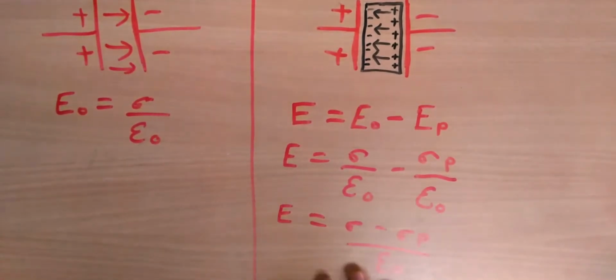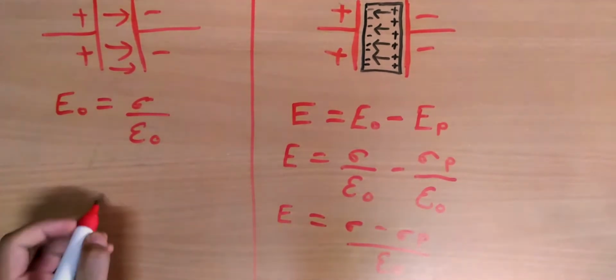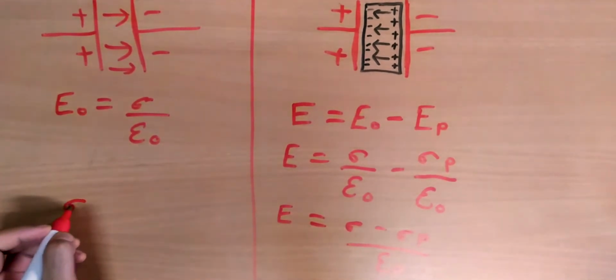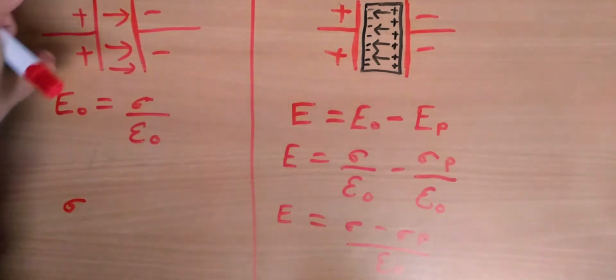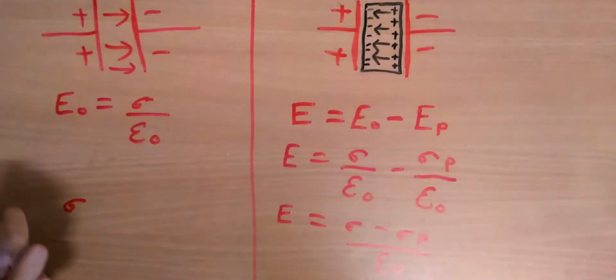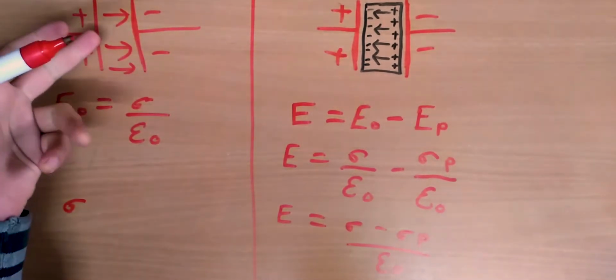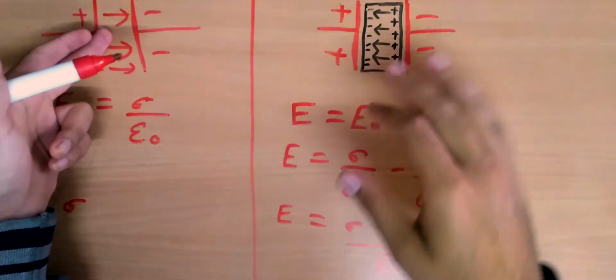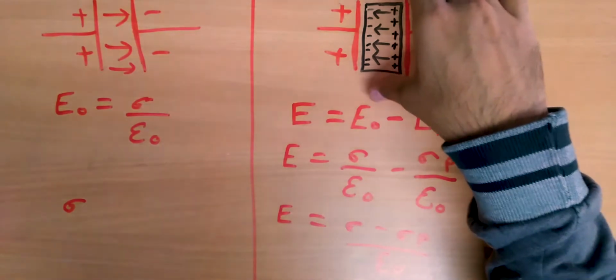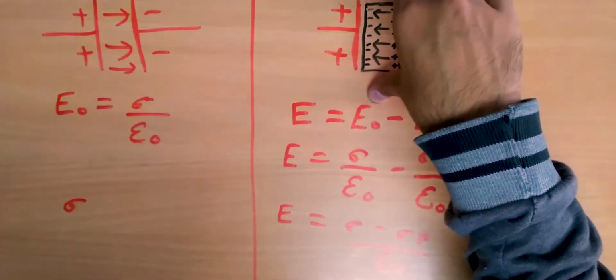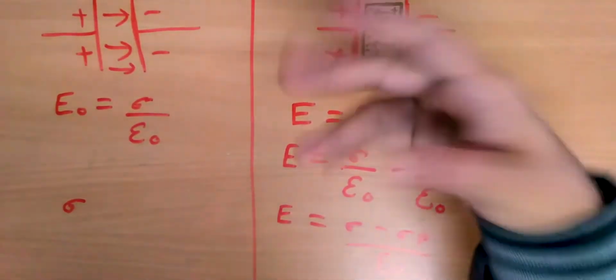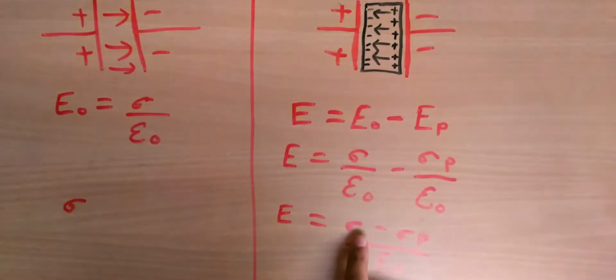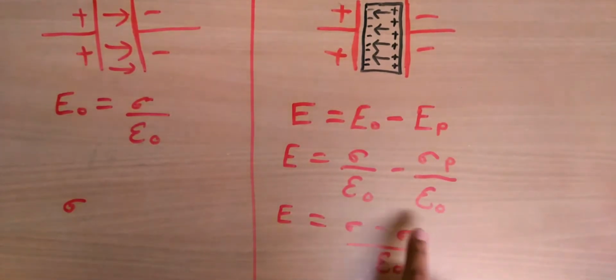Now one point to notice here is that if the sigma, or the surface charge density on this capacitor, increases, the electric field will increase, and because the electric field increases, the polarization of this dielectric also increases. And because the polarization increases, this difference in the surface charge density, sigma and sigma P, will also increase.